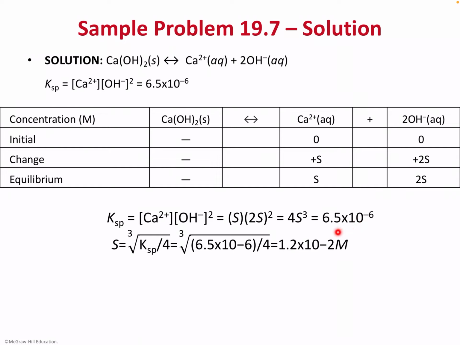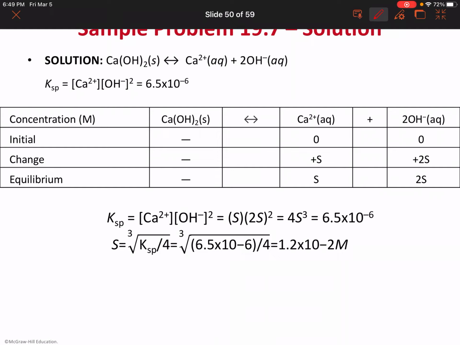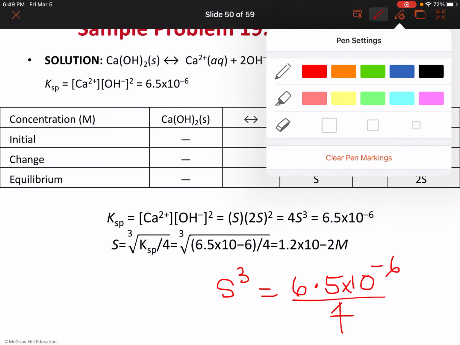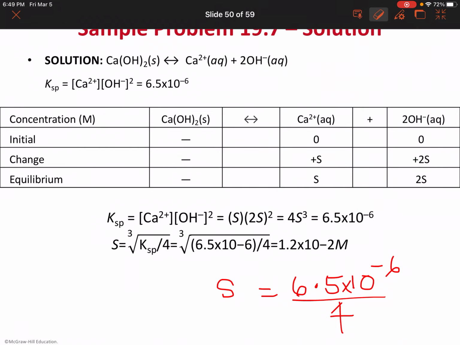That will give you, let me show you, S cubed would be 6.5 times 10 to the negative 6 over 4. And when you try to find out the S, so then the S would be the cube root of what you're going to get from this calculation.